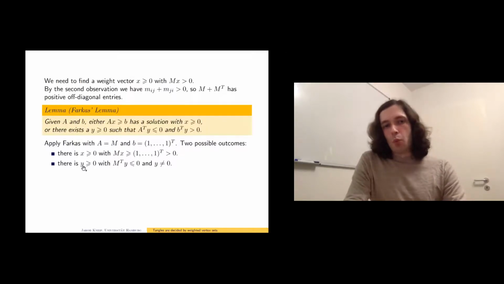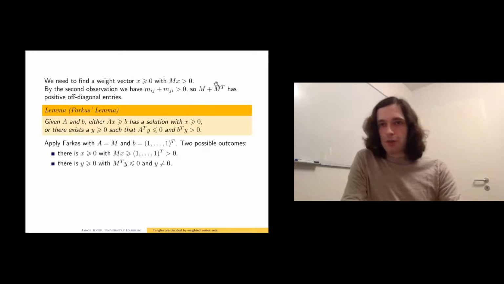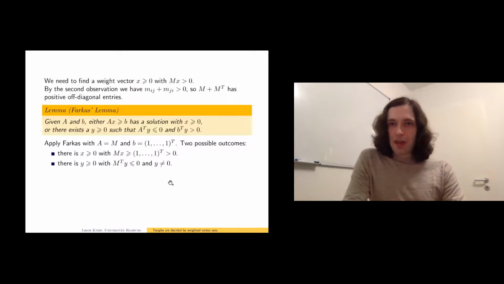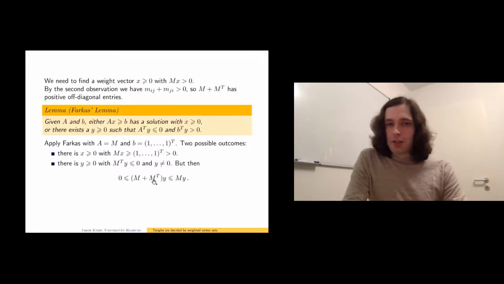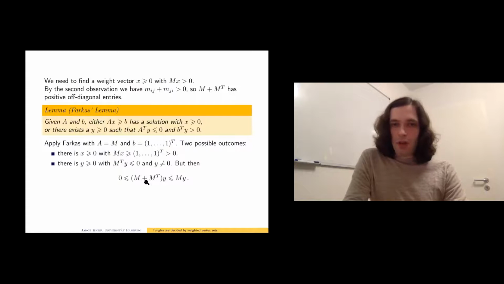So if this vector y is non-negative, and this matrix M plus M transpose has only positive entries, then certainly their product is non-negative as well. So 0 is less than or equal coordinate-wise to M plus its own transpose times y. But now, due to the nature of this vector y, that the transpose of M times y is non-positive everywhere, in this sum, we can simply omit the M transpose part.